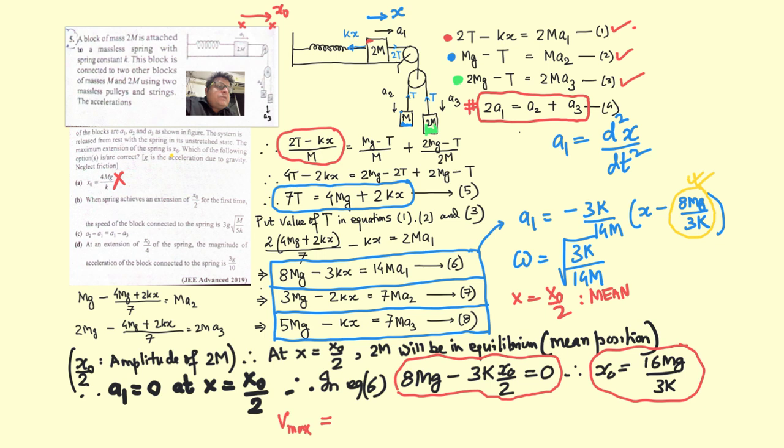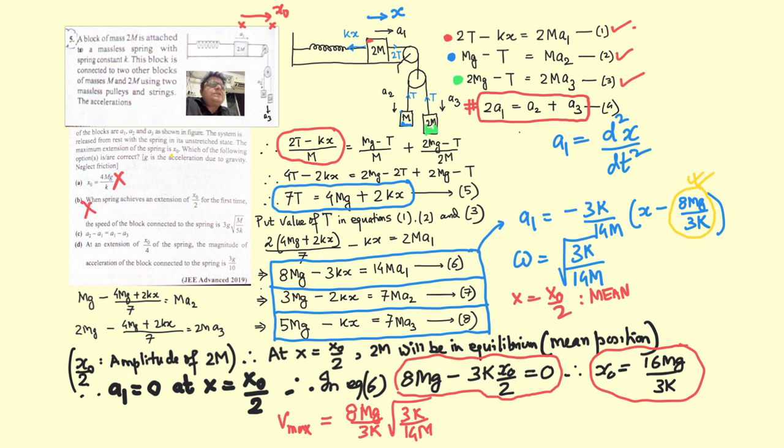So I'll write here amplitude is 8mg by 3k times angular frequency root over 3k by 14m. As you see, after calculating, B also doesn't match.